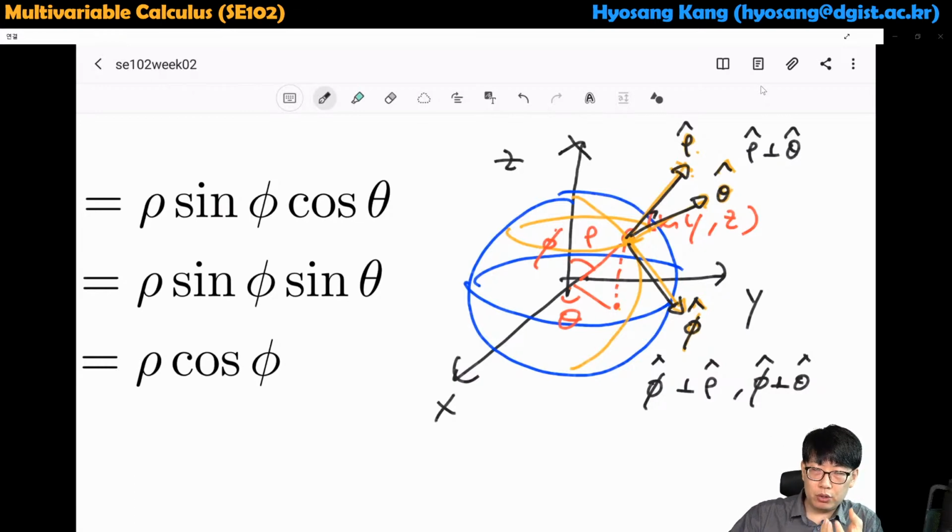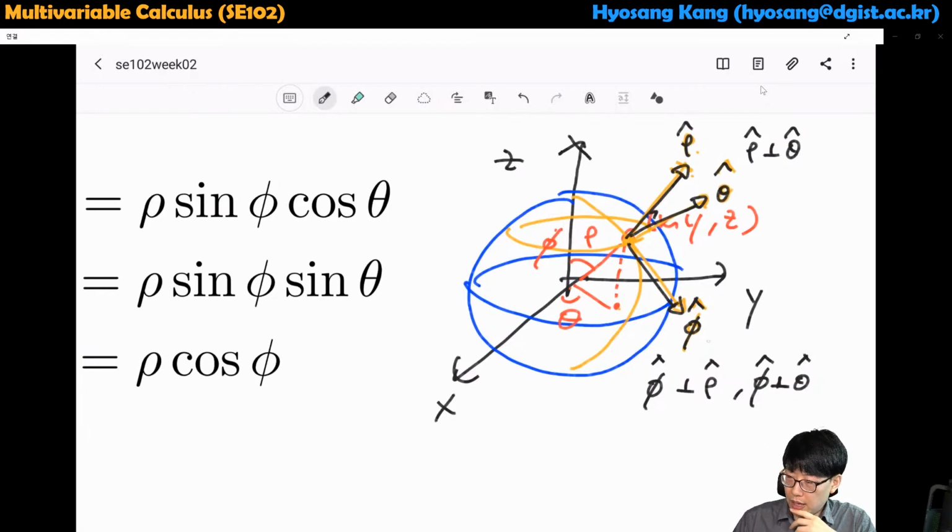You have to imagine it geometrically. Put a sphere in your mind, imagine how the phi direction looks and how the rho direction looks, and confirm that these two vectors are perpendicular.